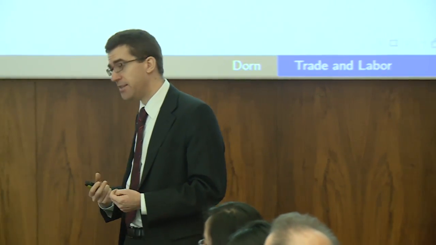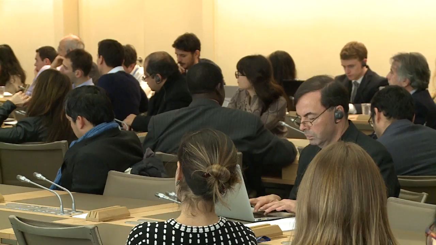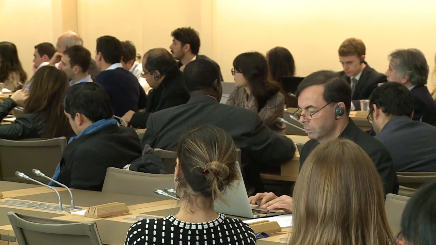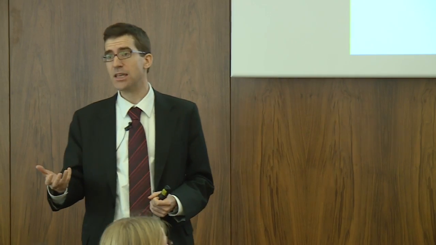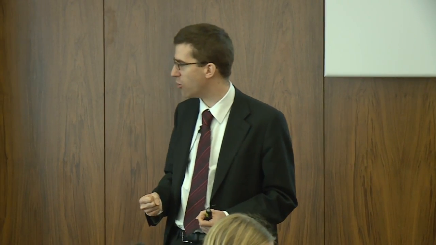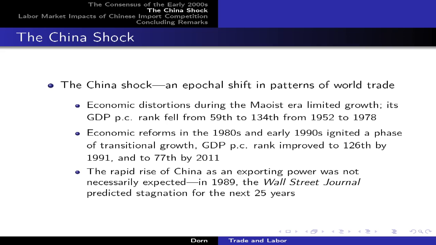In 1989, on the occasion of its centennial birthday, the Wall Street Journal had made predictions about which countries would be the big drivers of economic growth in the subsequent 25 years. And according to the Wall Street Journal, the big growth leaders that were predicted were Thailand, Bangladesh, and Zimbabwe.